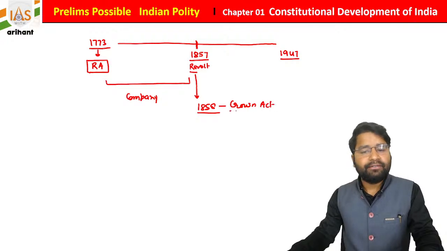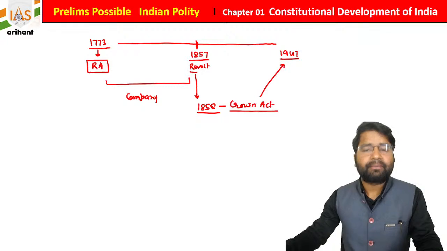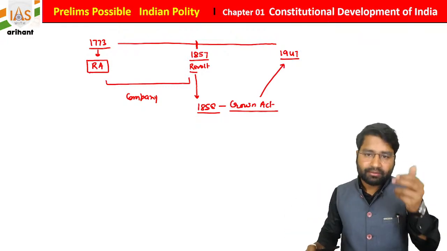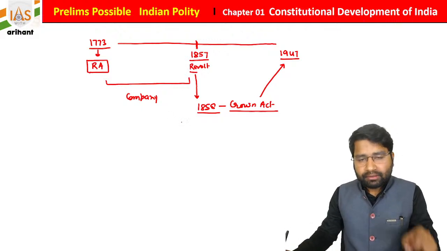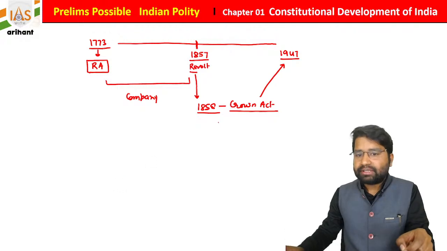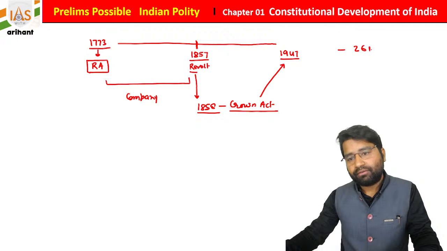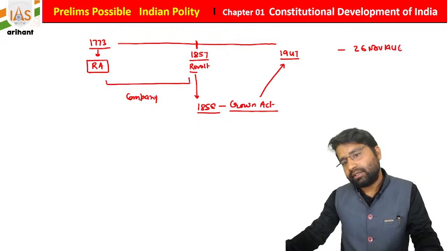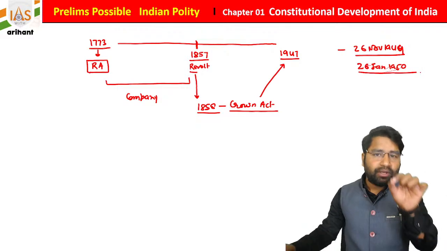And from 1st November 1858 up to 1947, we, the Indians, were under the control of the British Crown. Now this is the historical background, and we need to understand that we adopted our constitution on 26th November 1949, and on 26th January 1950, students, the constitution was fully implemented.